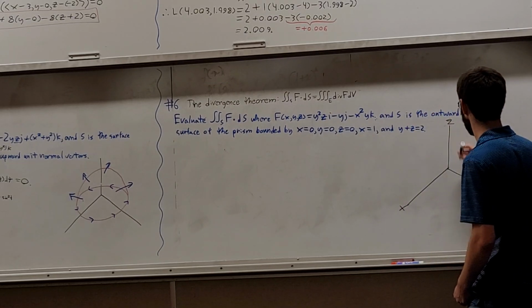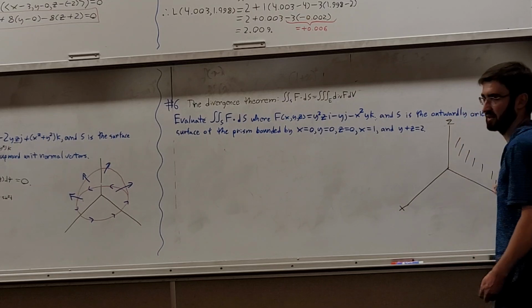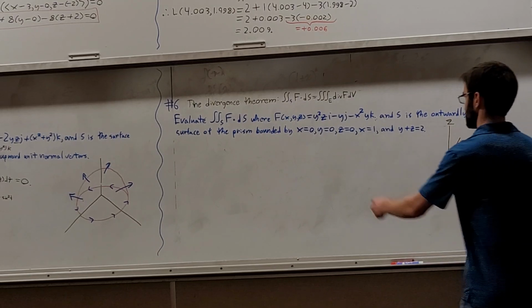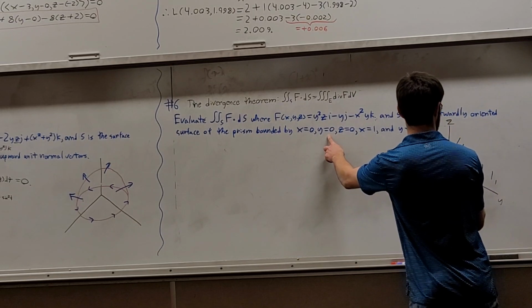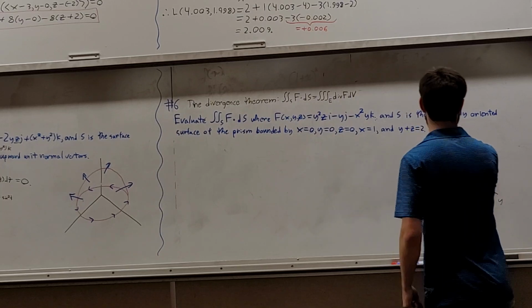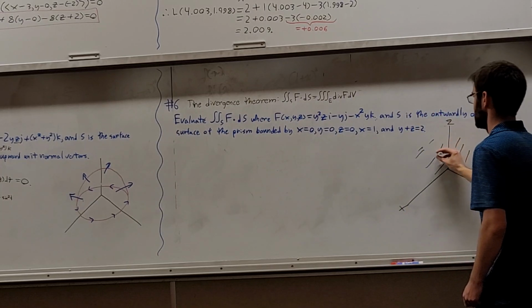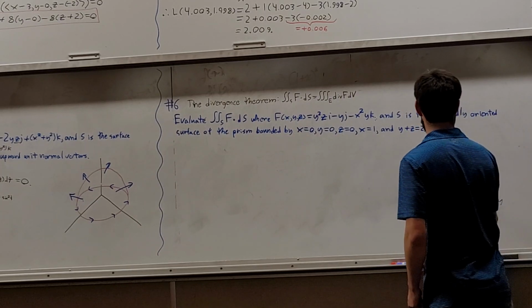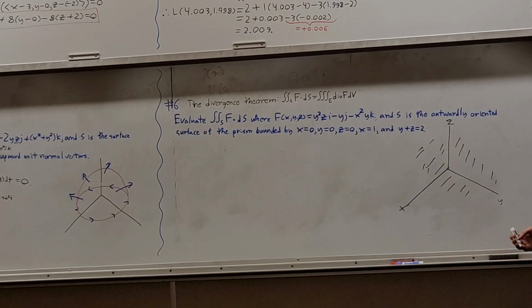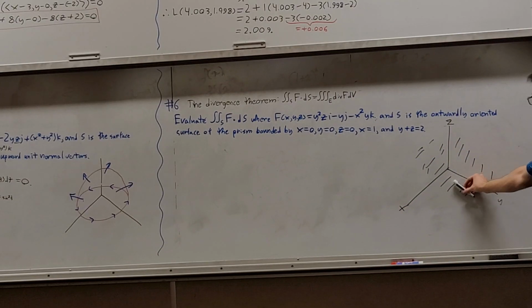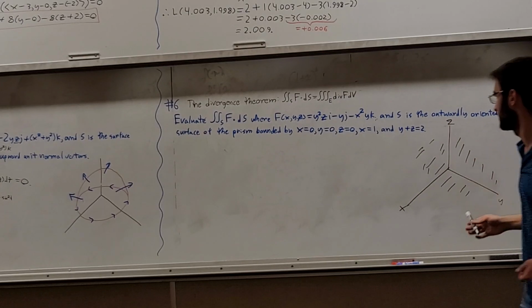X equals 0 is the zy wall, y equals 0 is the xz wall, and z equals 0 is the floor. Essentially we're in the first octant, because we're bounded by all of the walls that connect each of the axes to each other.